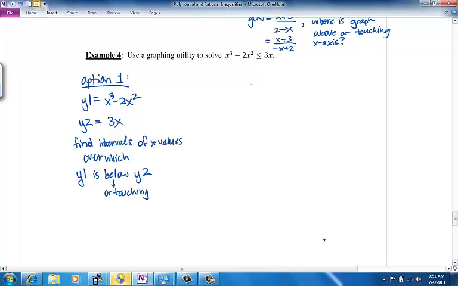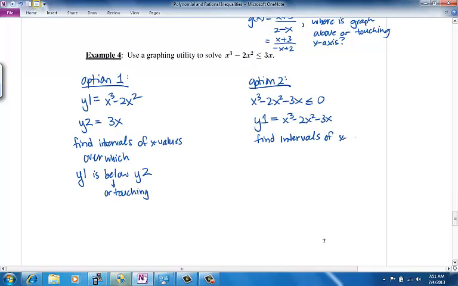And then another option that will be easier to see would be to rearrange and just do a single function, and then find the intervals over which the graph of y1 is below or touching the x-axis.